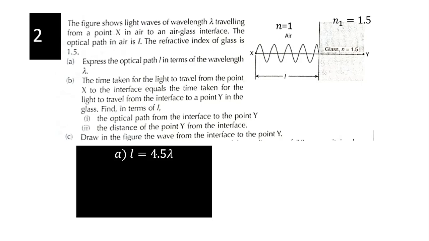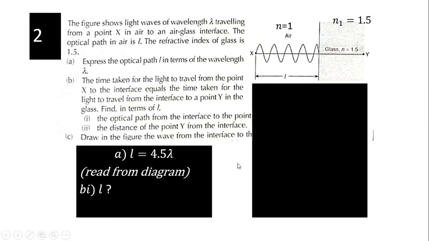Oh, I think the first part is probably wrong. They give it as L, so they are more asking for the optical path in air. Then the next one is n1 L1 must be equal to nL.